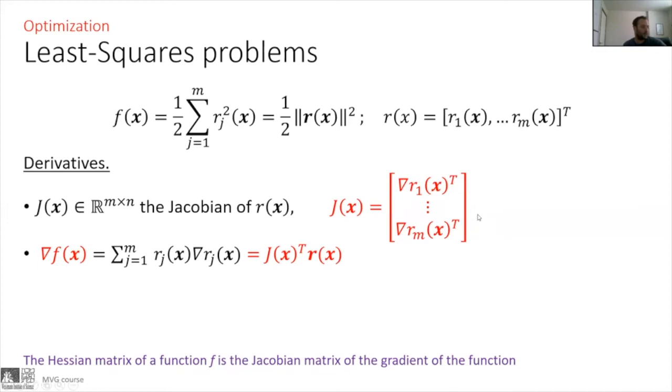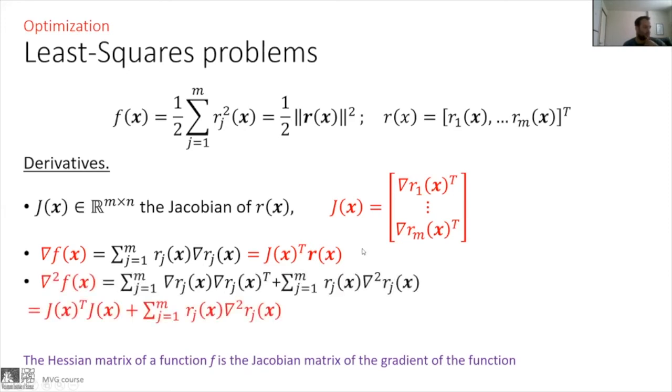So this is the Jacobian of R. If someone thinks it's gibberish, they can go to the matrix cookbook and verify everything. So the first derivative of f, where f is in this form, is just the Jacobian transpose times the residual. All right, it's just for deriving the decomposition of functions.